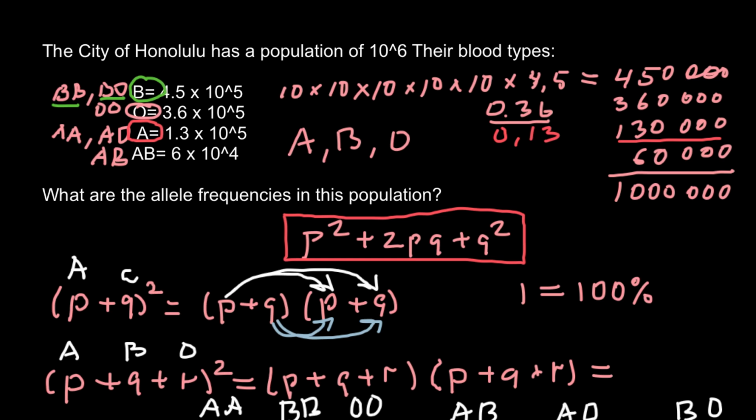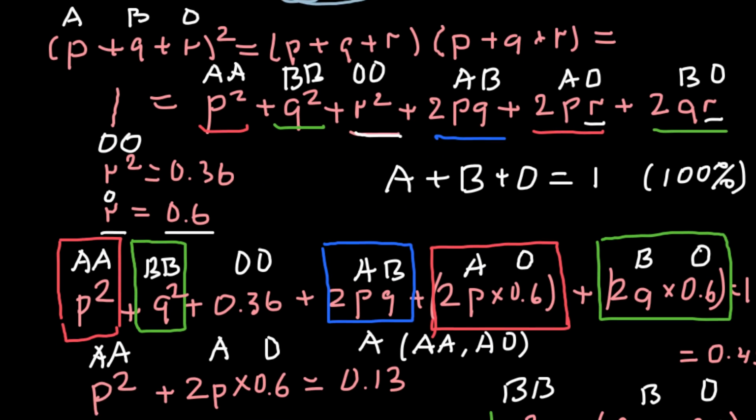We have, as you see, blood group AB, and frequency equals to 6 multiplied by 10,000. This gives us 60,000 people who belong to the blood group AB. If we divide 60,000 by 1 million, we are going to get 0.06.